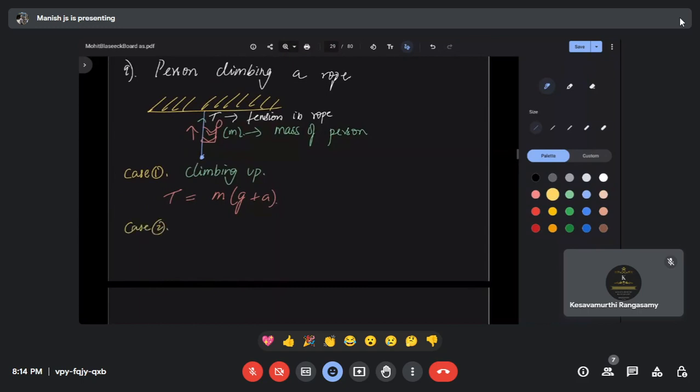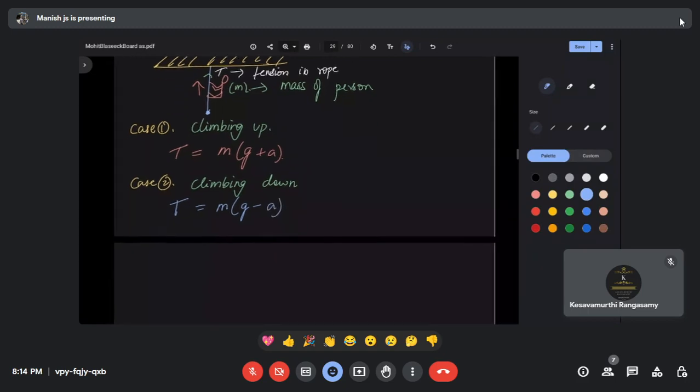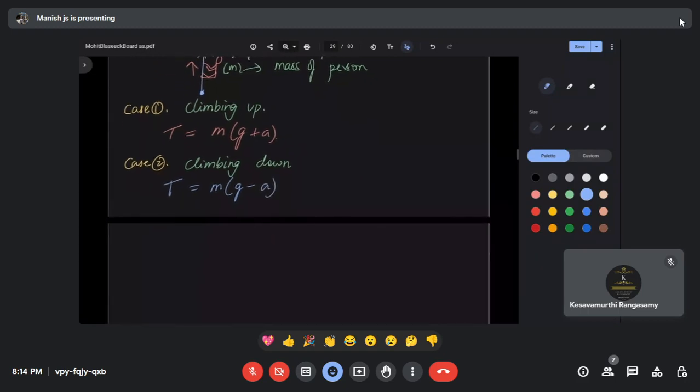Case 2, when the person climbs down, when he is climbing downwards, again you will just change the sign. So T is equal to m times g minus a is the relation that you will get. Okay. Next is the third case: either climbing up or down with uniform speed.